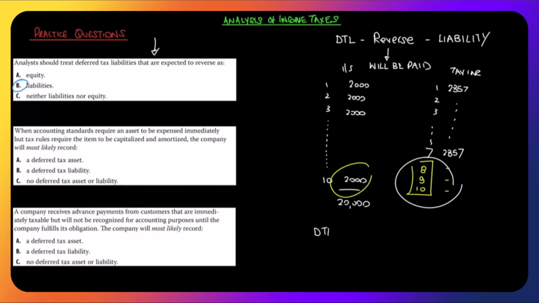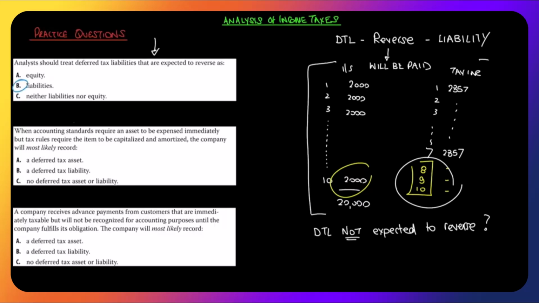What if you have a DTL that is not expected to reverse? How can that be, you might say? Well, certainly if you just bought one asset and sat back for 10 years, it would reverse. But imagine, in year 7, you buy another asset.